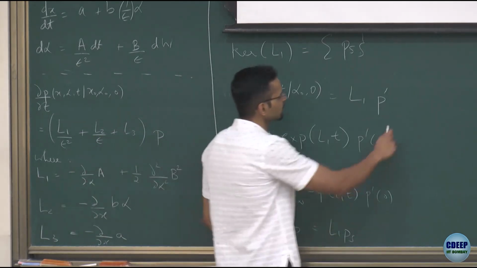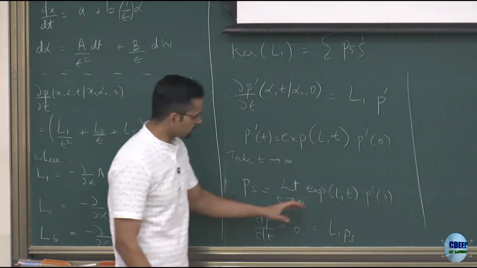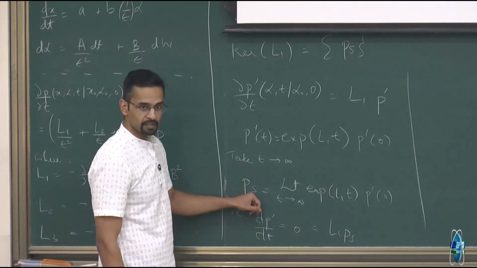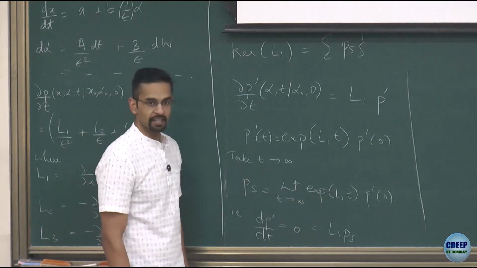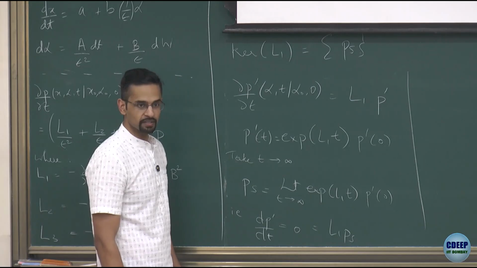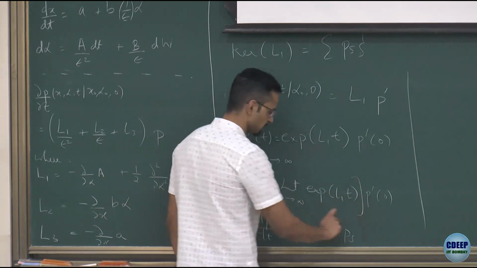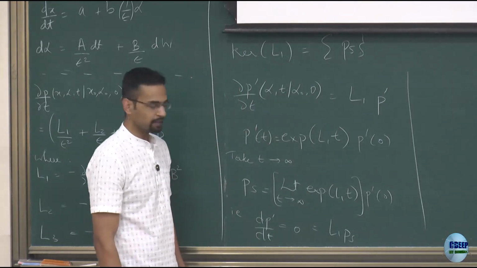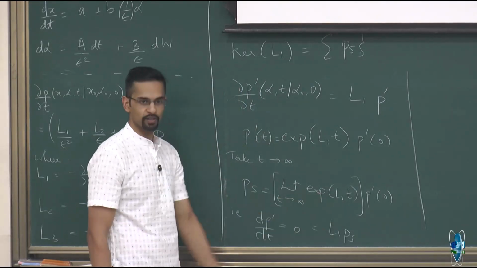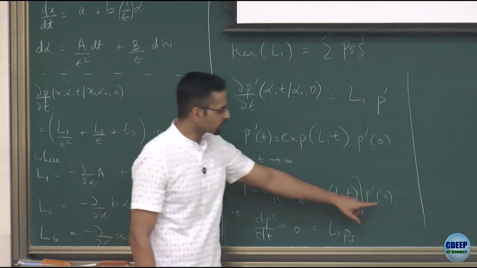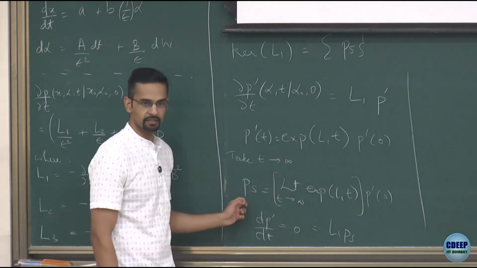Okay, and another nice takeaway from what I just did is you can see that PS itself is given by acting this exponential of L1, taking time to infinity. So this thing can be treated as an operator. It's just, this is an operator, I take t going to infinity here. So this operator, if it acts on any function, it will give me PS.